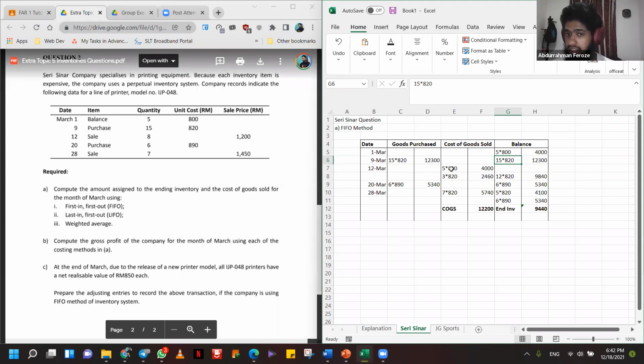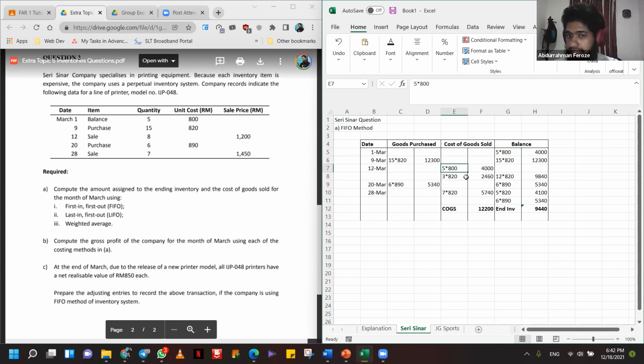So on 12th March, when they made a sale of 8 printers, with first in, first out, first they have to get rid of the older inventory. So first they sell the 5 printers that were bought at 800 ringgit.